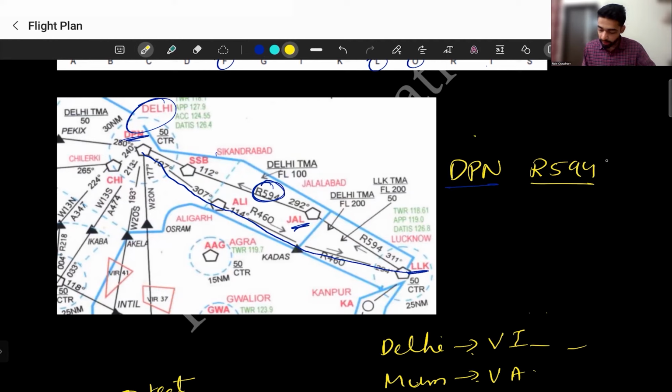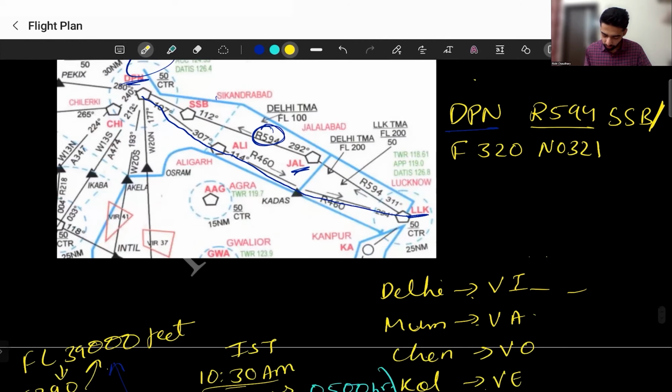Then I'll be coming to Sierra Bravo, and at Sierra Bravo, I will have a flight level of 320, that means 32,000 feet, and my speed will be November 0321, that means 321 knots.